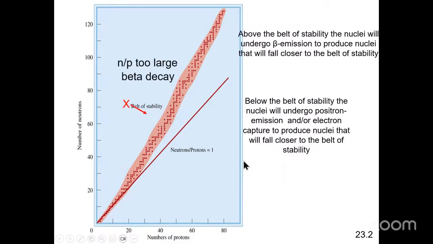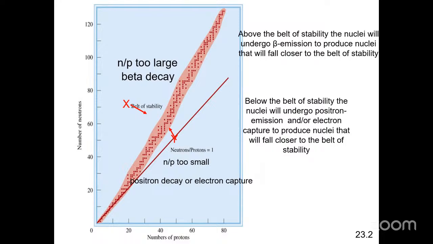If the ratio of neutrons to protons is too large, those nuclei tend to emit beta particles, so that the resulting product would fall closer to the belt of stability. If the ratio is too small, they tend to undergo positron emission or electron capture to form nuclei that would be closer to the belt of stability.